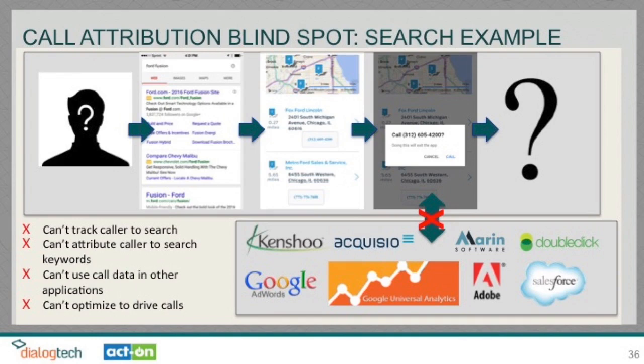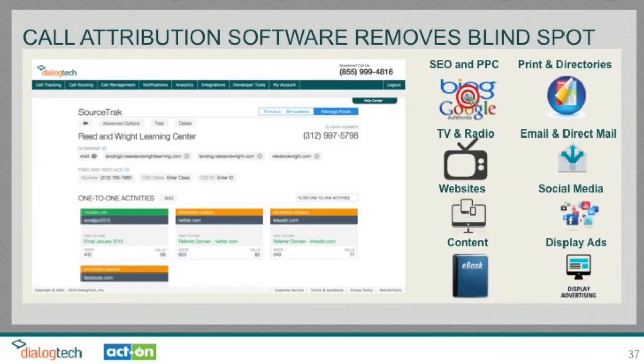You also can't use that data in Google AdWords or Google Analytics to include that data with your online component. You can't use it in Adobe Marketing Cloud or Salesforce or whatever it is that you're using to help with paid search. If that call data can't be included in there, you can't use it to optimize the results in campaigns.